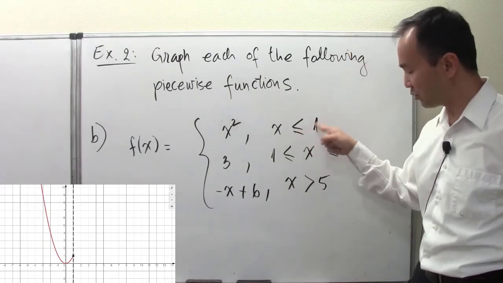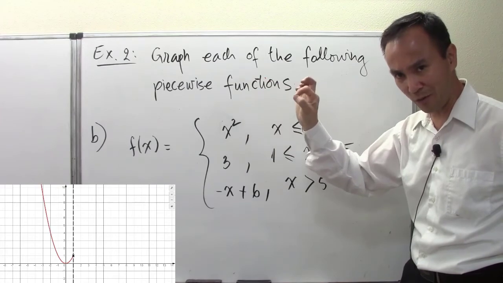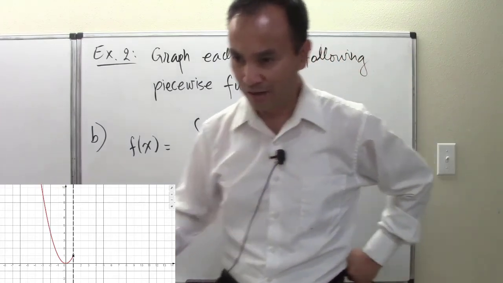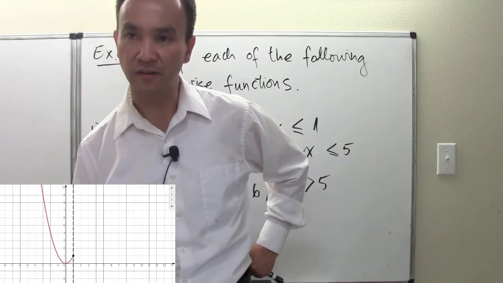So x equals 1 is included, which means we're going to have a solid point right on that vertical breakpoint line. So now this point, drawn as a cross right here, I'm going to switch to an actual solid point.